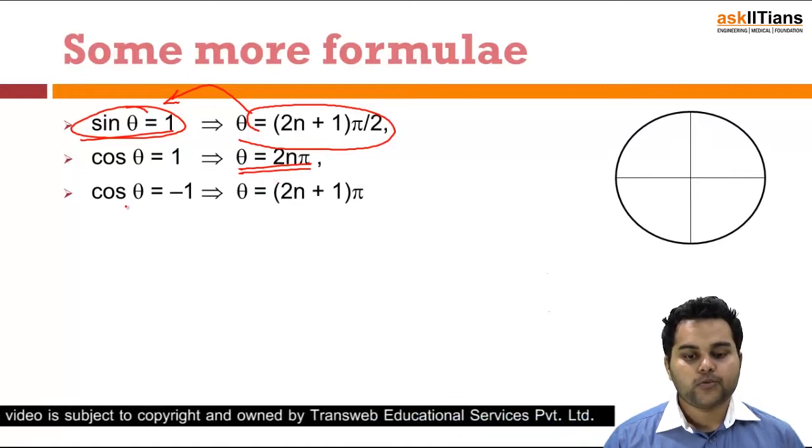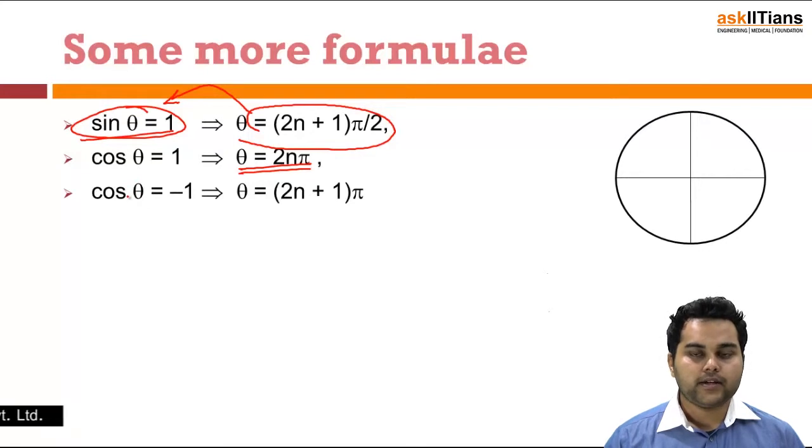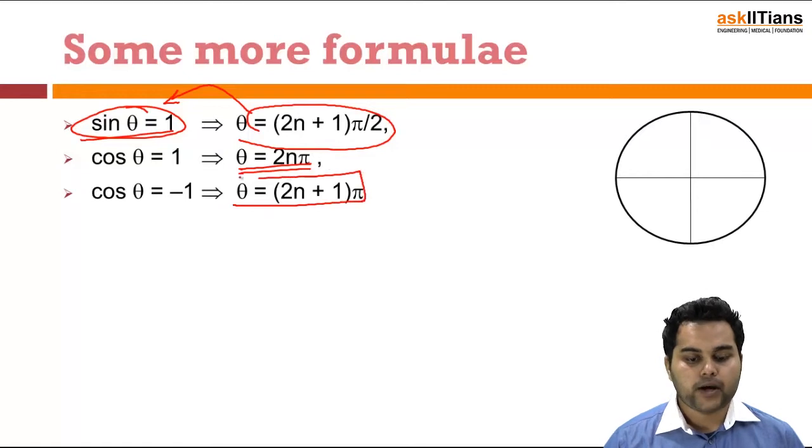If I say cos theta is equal to minus 1, then cos theta is equal to minus 1 only at theta is equal to pi in the first circle, and in the coming circles it would be 3 pi, 5 pi, 7 pi and so on. So odd multiples of pi would be there, which can be represented as theta is equal to 2n plus 1 pi.